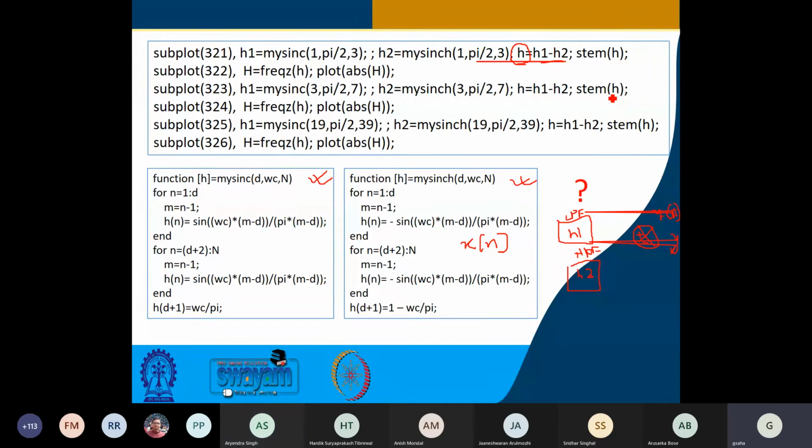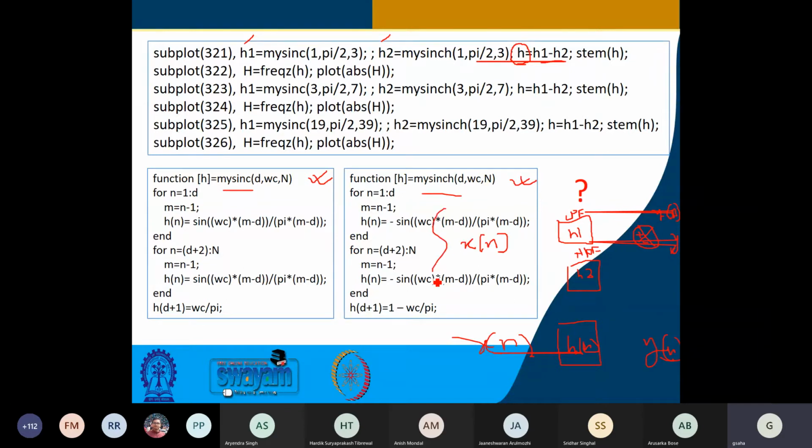I'm saying if I have a low pass filter and a high pass filter, generating impulse responses H1 and H2, and an equivalent system generated, Hn, which is H1 minus H2, to which Xn is input and Yn is output, then how are these two related?